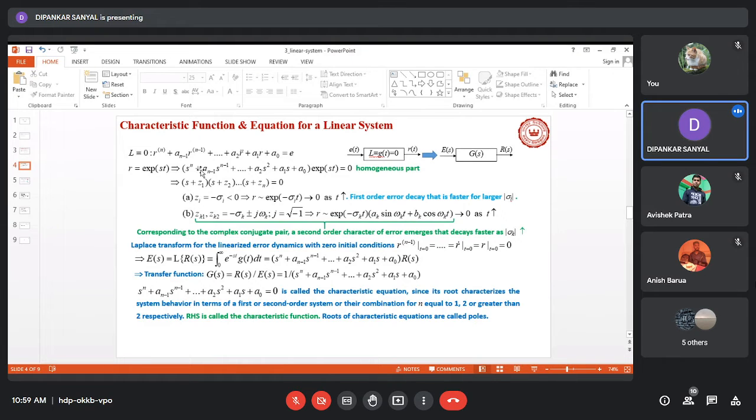If it is a purely second order, then we could have two real poles or a complex conjugate pair. If it is a third order equation, then three real poles or one real pole and one complex conjugate pair.